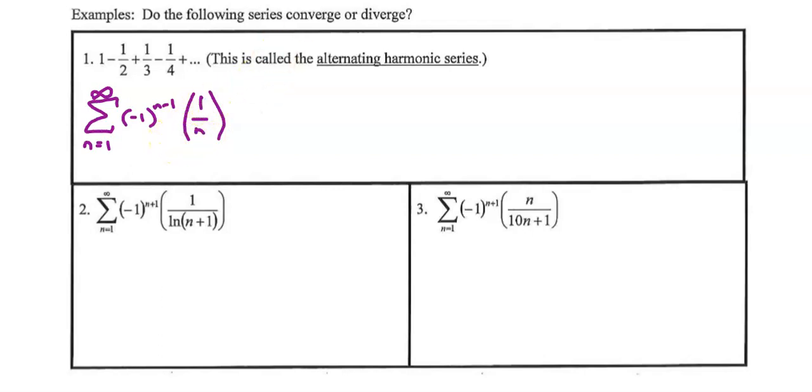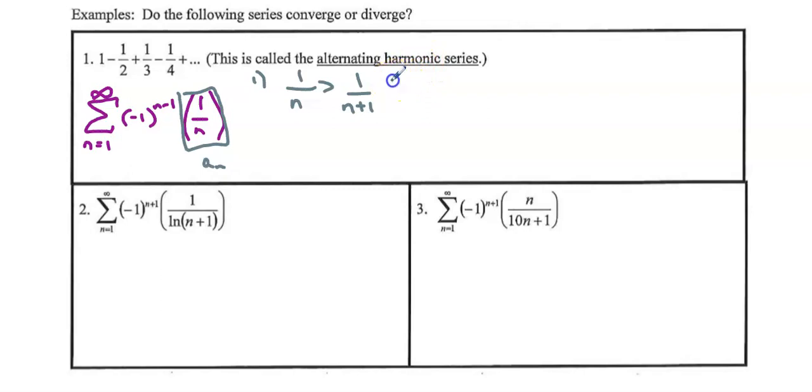And so the first thing we're going to do here is we're going to find out our two tests. So the first test is on the term. Remember, we're just looking at the a sub n, right? So this right here is our a sub n. So we're not looking at the other part of this for a second. So we're just making sure that a sub n, is that greater than our second term, 1 over n plus 1, right?